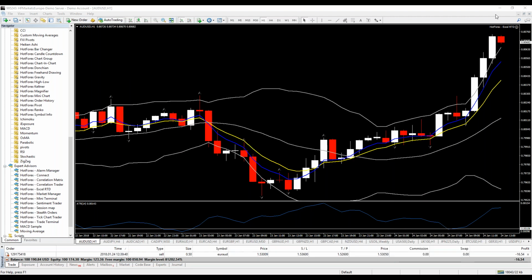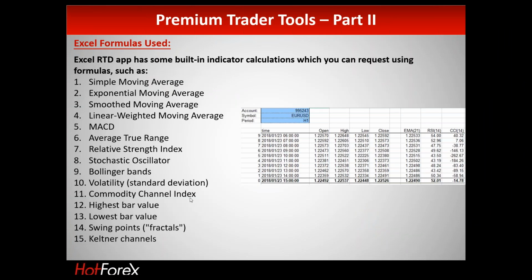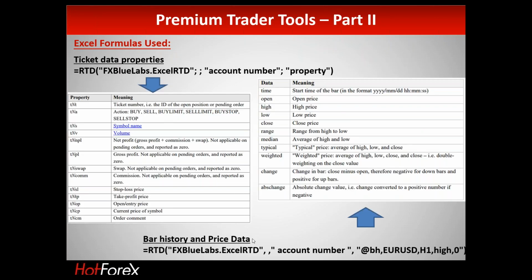As you can see, that's in the third slide. So we have 15 different indicators, for which we simply use this formula over here to have this data.